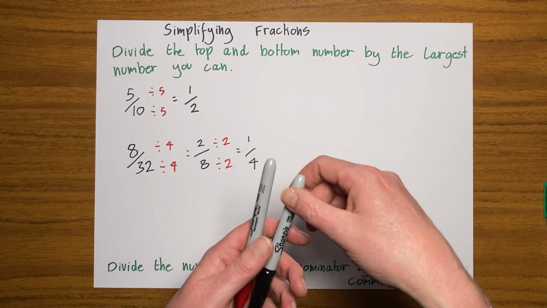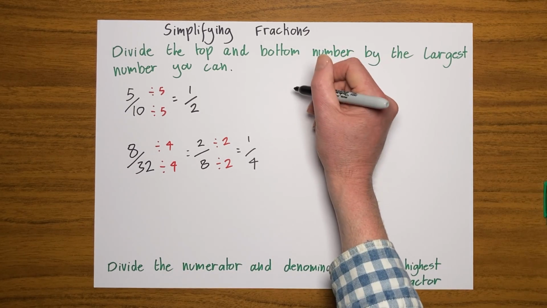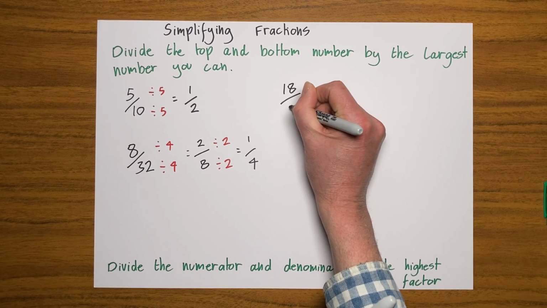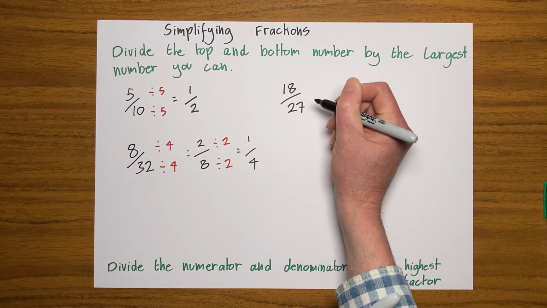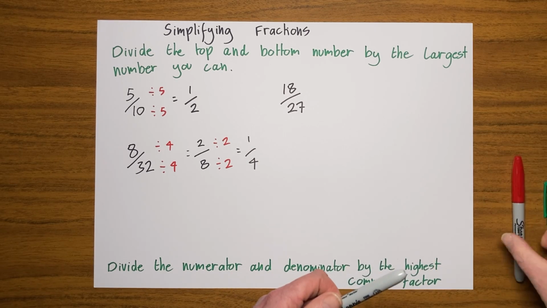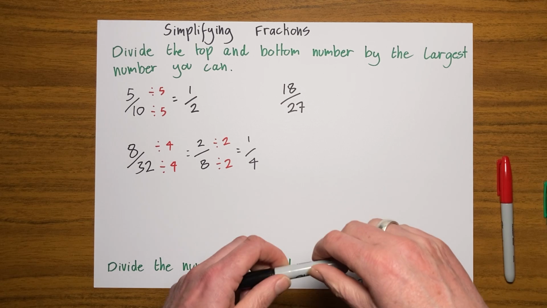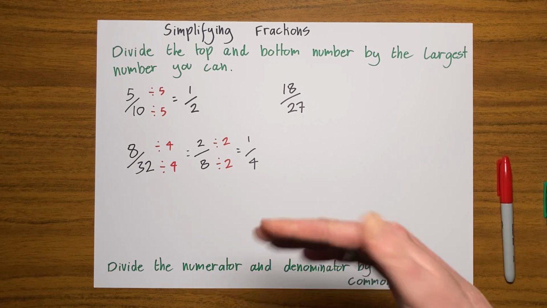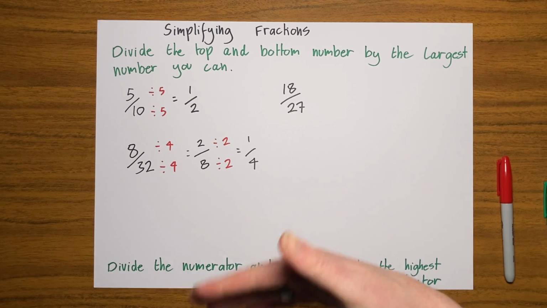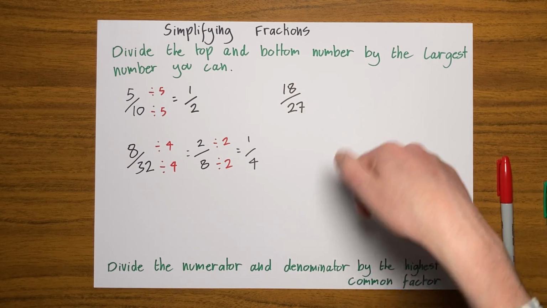Right, let's look at another one. Right, here we go. Let's go for 18/27. It's when we start getting onto this kind of maths and fractions particularly that you'll really see how important it is to know your times tables well, because when you know your times tables really well, you can just start identifying quickly what the numbers are that are going to go into 18 and go into 27.